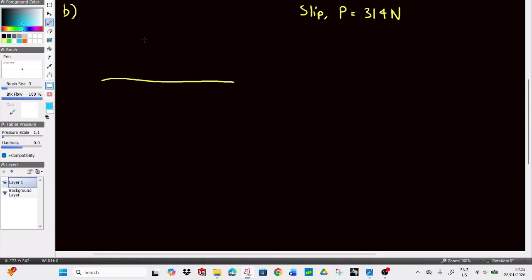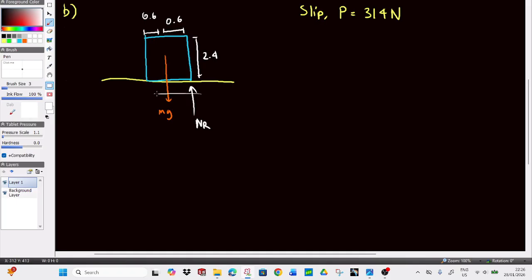So we're drawing the same box again. And we have the weight, which is obviously just mg, and then we have the normal force here, and r, which is basically 0.6. Here is 0.6, here is 2.4.